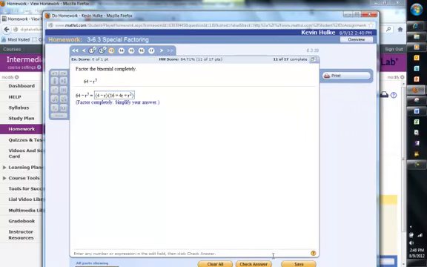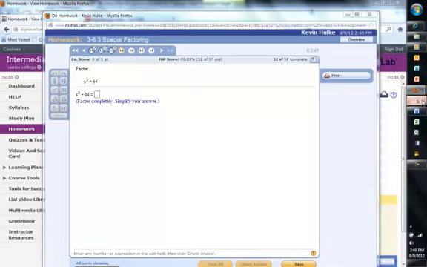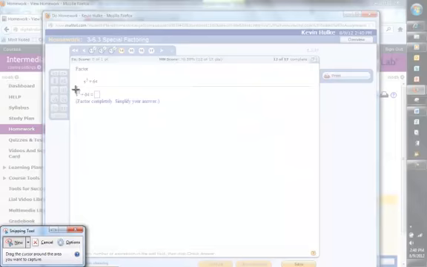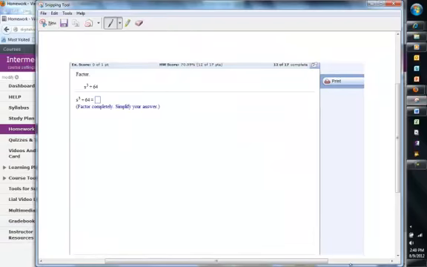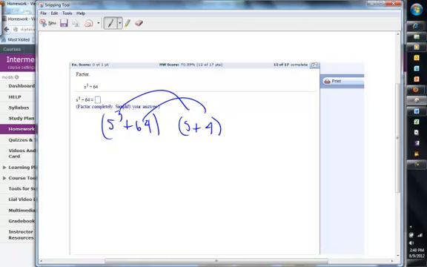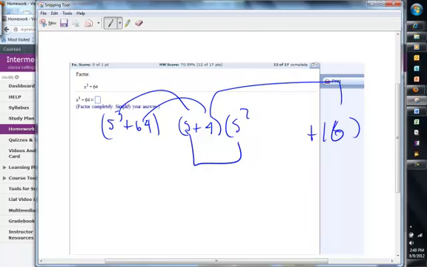All right. Next one is also a cube. So we take the cube root of the first term, s, the cube root of the second term, plus 4. Take this thing and square it. Write it at the beginning. This thing and square it, and write it at the end. And take this times this, 4s.